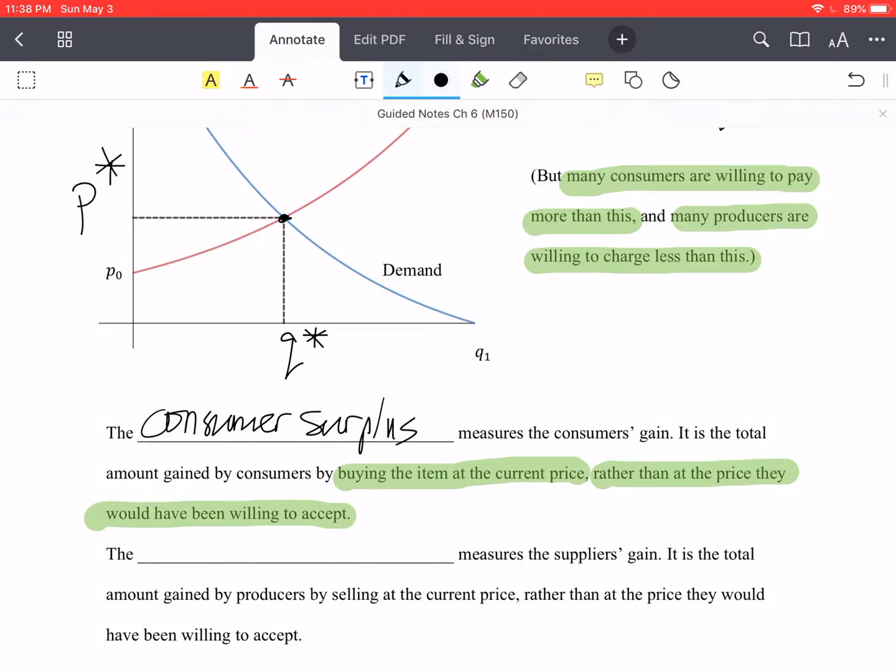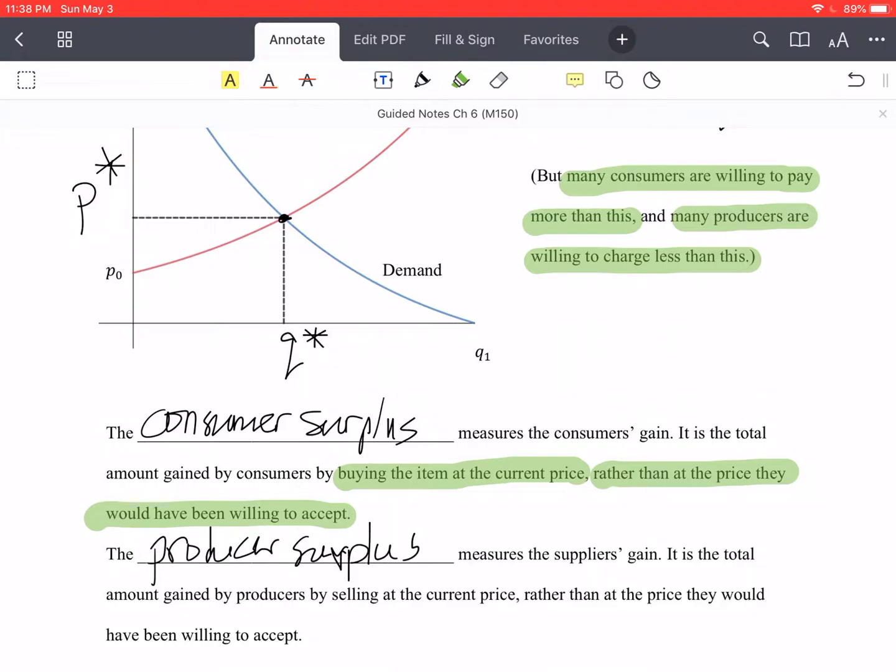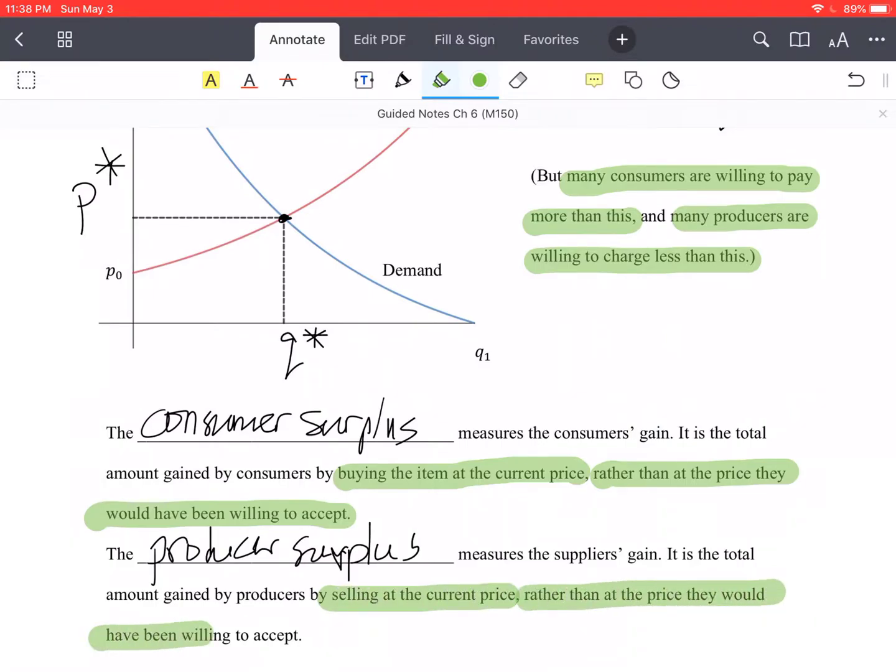Okay, and then the producer surplus. So the producer surplus measures the supplier's gain. It is the total amount gained by producers by selling at the current price rather than at the price they would have been willing to accept.